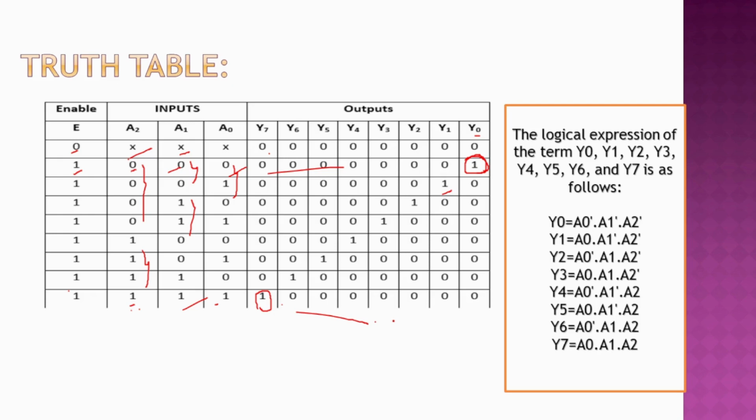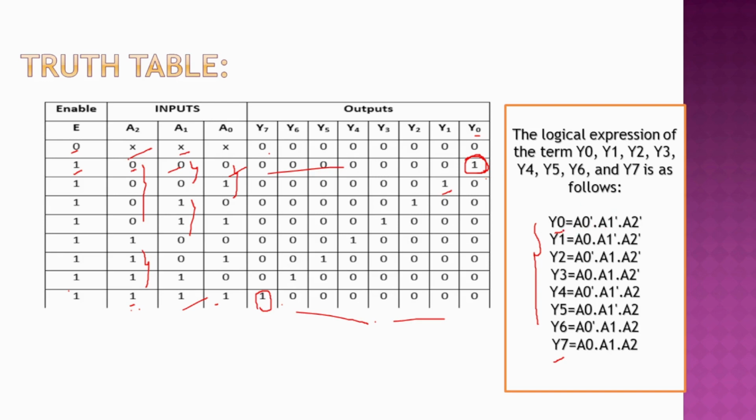Like the same procedure we followed in the 2 by 4 decoder, you need to write the equation from Y0 to Y7 with the help of the truth table. You need not do grouping, because you will directly write this expression with the help of the truth table alone.